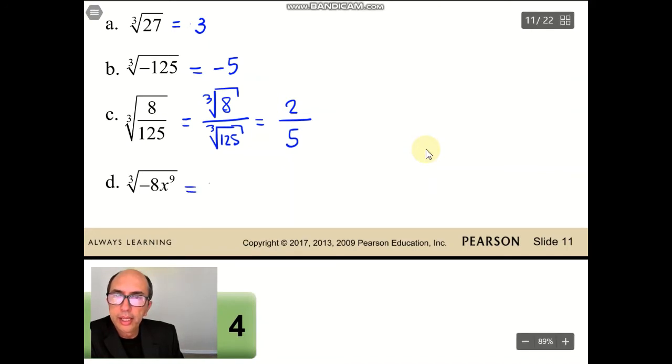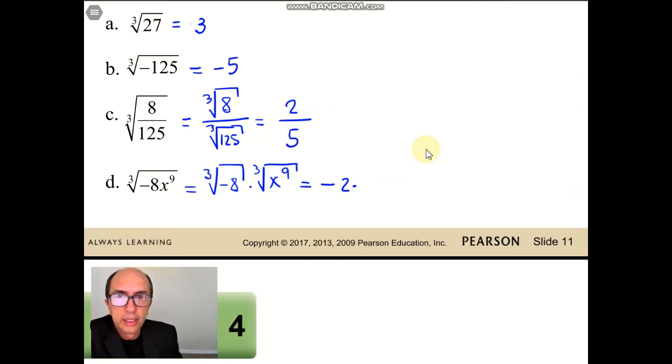We can write this as the cube root of negative 8 times the cube root of x exponent 9. The cube root of negative 8 is negative 2, and the cube root of x exponent 9 is x to the 9 divided by 3, which is 3.